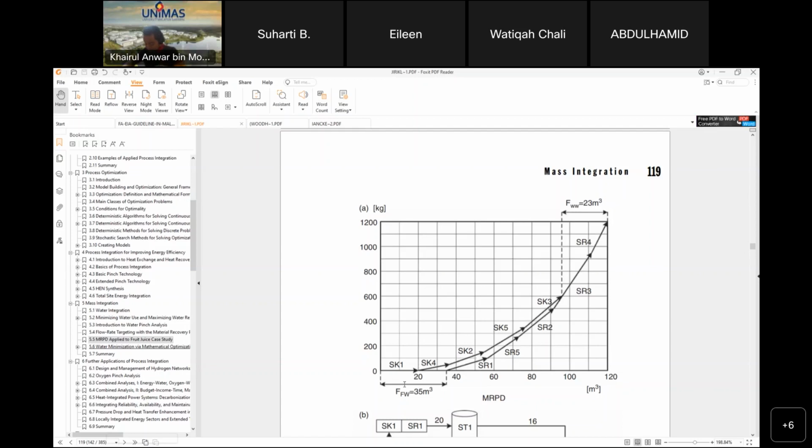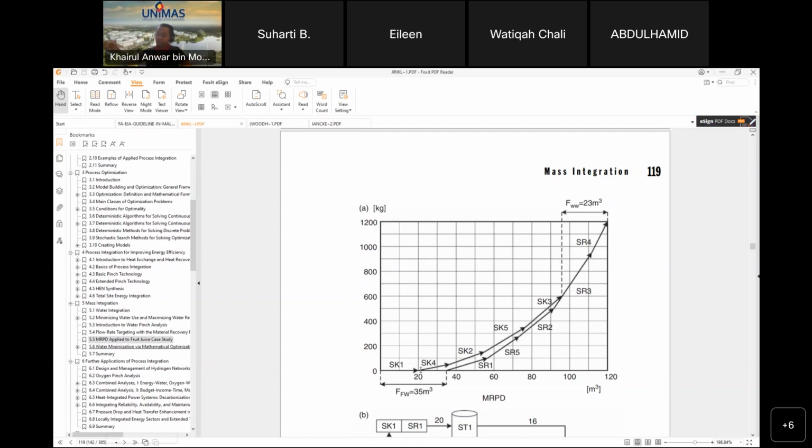Because this is based on kilogram, not ppm, arrange it after SK1.